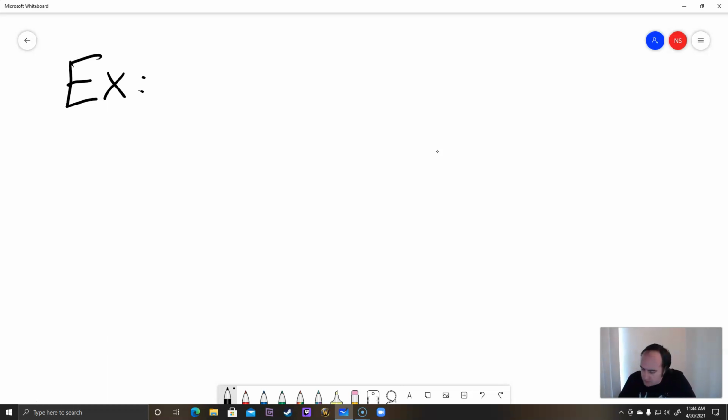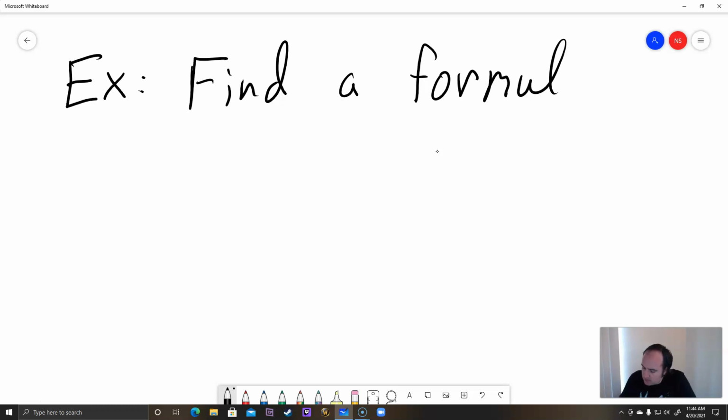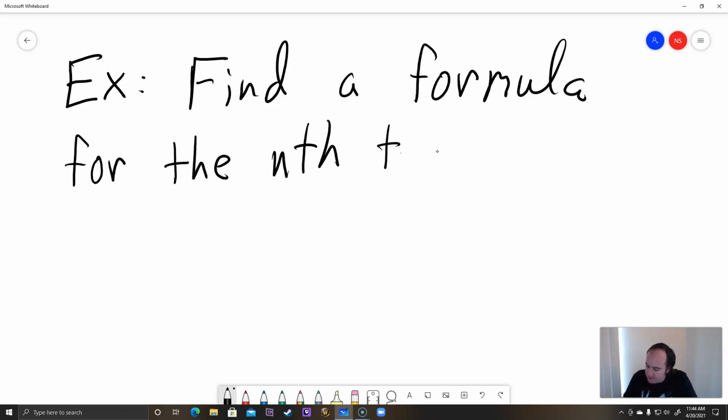Okay, so example, find a formula for the nth term of the sequence below.